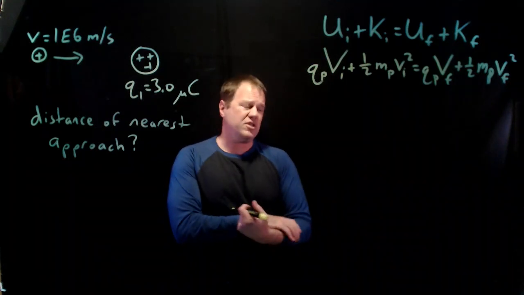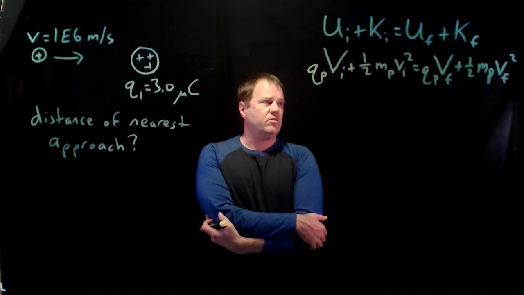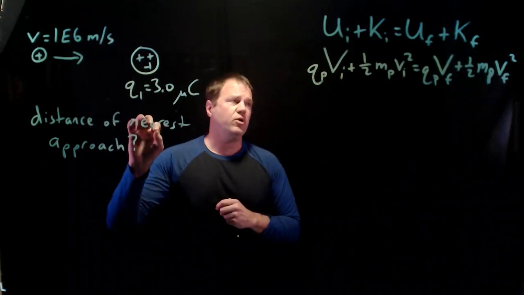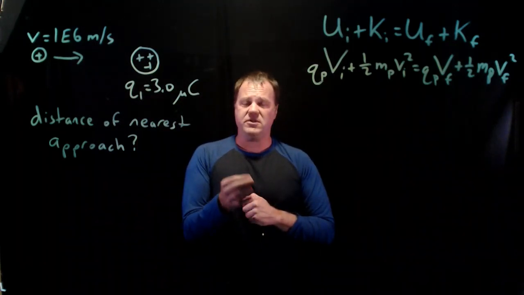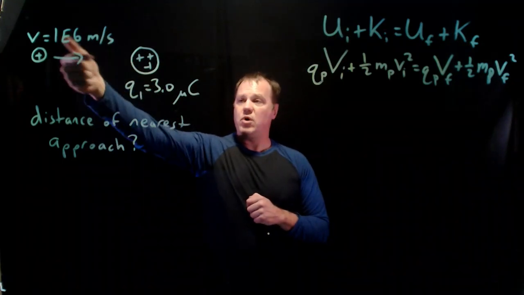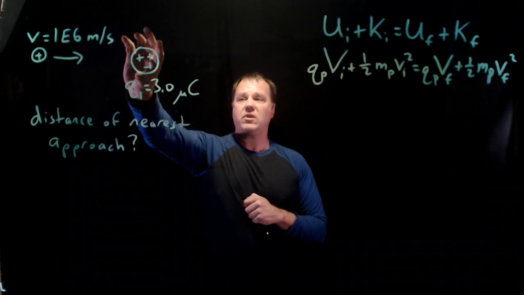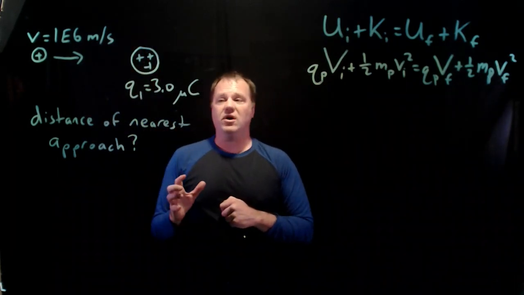So let's think about at least one simplifying assumption. The distance of nearest possible approach will come when the speed is equal to 0. If the proton was still moving towards Q1, it can get closer, and we haven't reached our nearest approach.